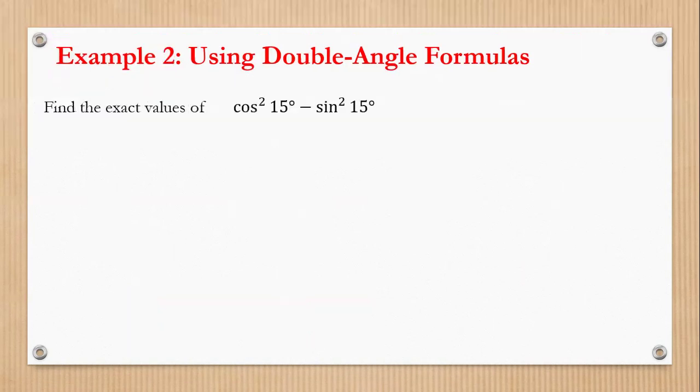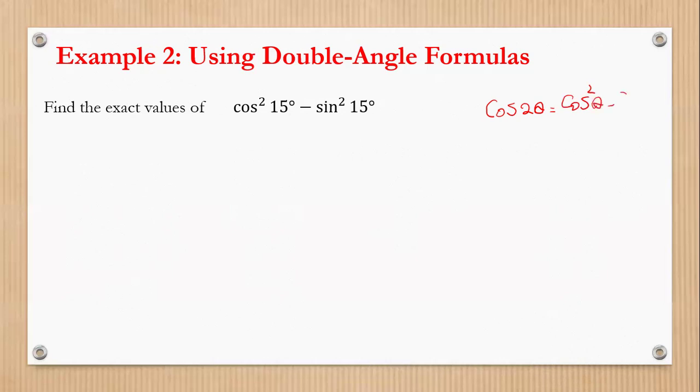Next example, they're asking to find the exact value of cosine squared of 15 minus sine squared of 15. I have no idea what the cosine of 15 or the sine of 15 degrees is. But I know that I have a formula for the cosine of 2 theta, which is cosine squared minus sine squared.